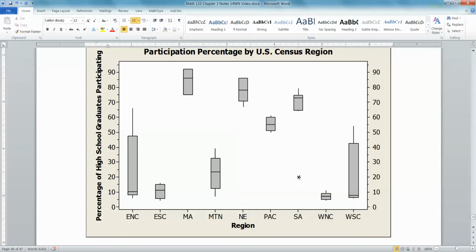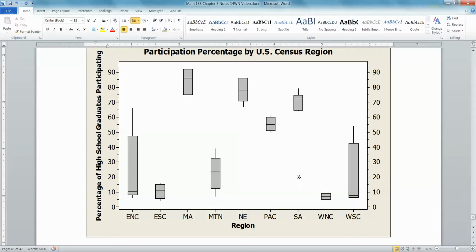But there is a little bit of a trick in this question, because there's one other that has the same range, if you will, and that's SA, South Atlantic, the one we were just looking at. See, South Atlantic's high is at 80, and its low is at 20. 80 take away 20 is about 60. And if you look at ENC, the high is at 65, or 66, I should say, and the low is at about 16. 66 take away 16 is 40.